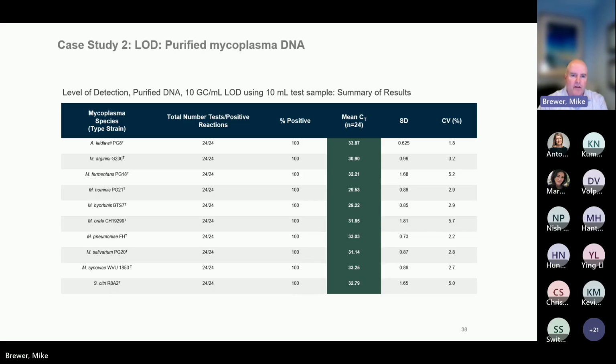We also did some statistical analysis because, as many of you know, as you approach the lower limit of detection with any analytical test, you start to get a high degree of variability. What you can see here in this analysis of the CT results is that they're very consistent across the 24 results, indicating that you're not approaching the lowest limit of detection capability of the method.